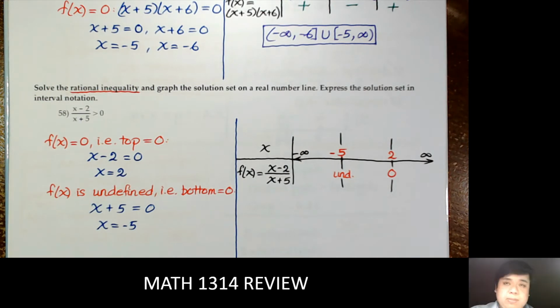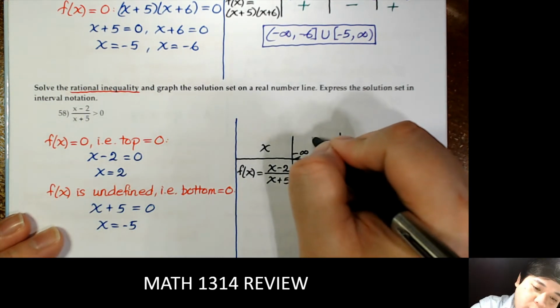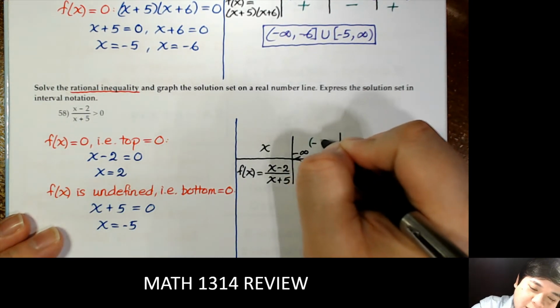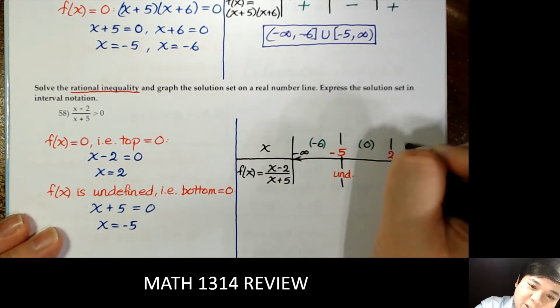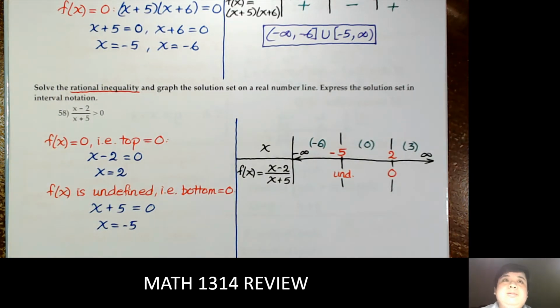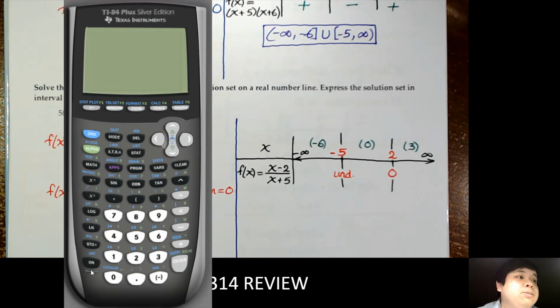Right. Test point. We'll test them: negative 6, 0, and then 3. Right? So the function is x minus 2 divided by x plus 5.